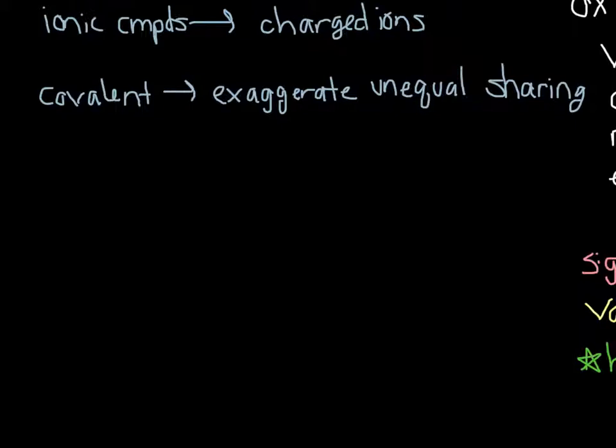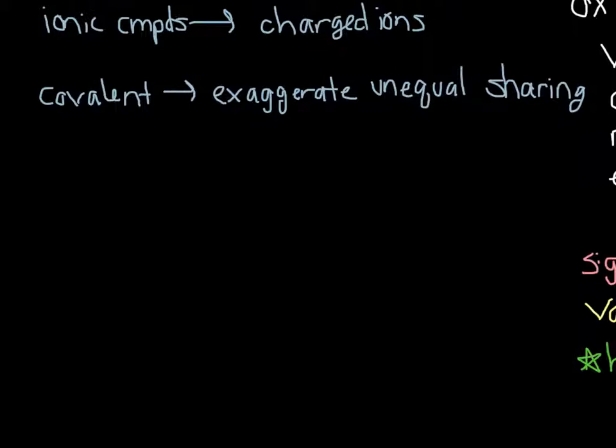What we have to do with covalent compounds is exaggerate that unequal sharing of the electrons. Therefore, we're essentially saying there's a gain or loss of that electron to the more polar or the more electronegative element. And this allows us to track relative electron density in the compound, going back to electron affinity and electronegativity.